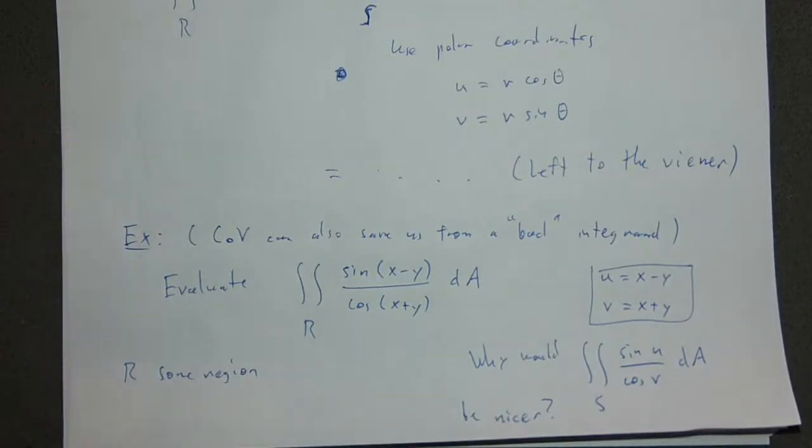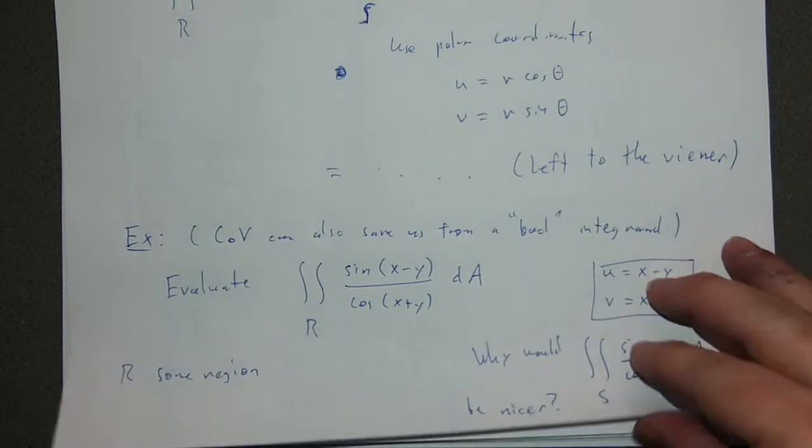So algebraically, this is a nice bit of trickery that can make all of this work out much better for you. So this is saving you from a bad integrand, as I said. Okay. So questions about any of that? If you do have any, let me know.